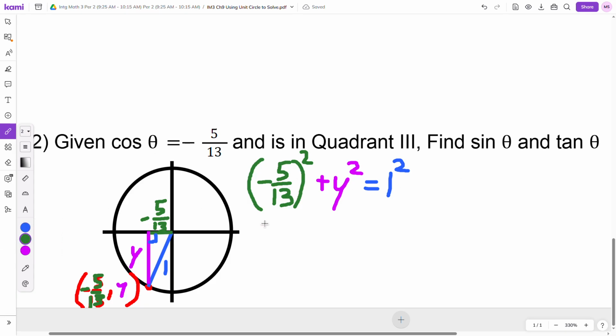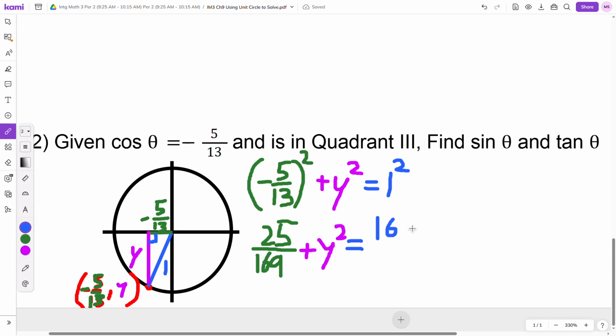Let's do out the square. So 5 squared is 25. So this is going to be 25 over 169 plus y squared equals 1 squared. Well, 1 squared is just 1. So we could write 1, but actually I'm going to prefer to write 169 over 169.